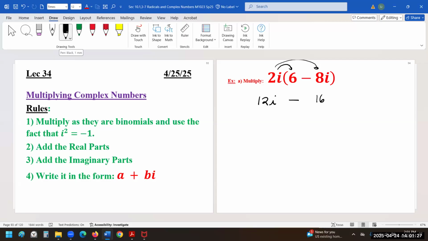And i times i is i squared. What is i squared? Anytime you see i squared, you cannot leave it alone. So this turns into negative 1. So we get 12i minus 16 times negative 1. So 12i plus 16.